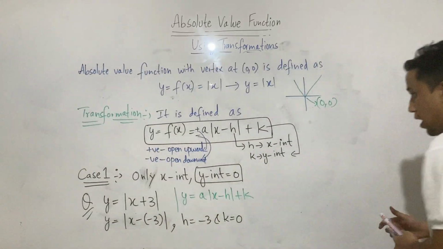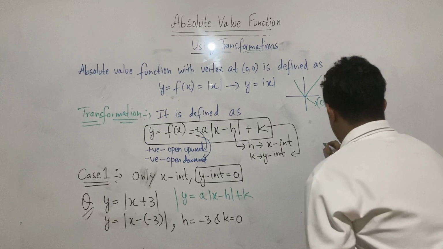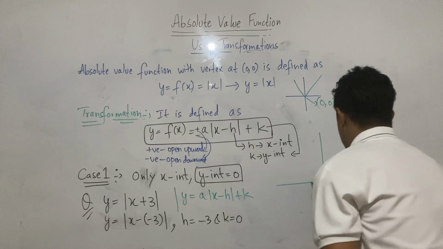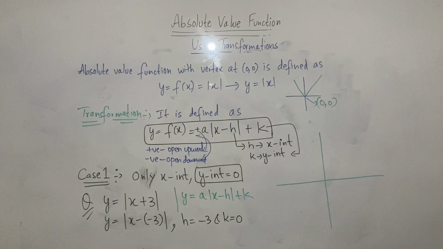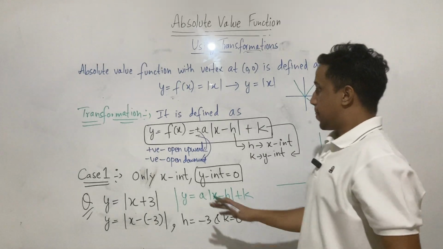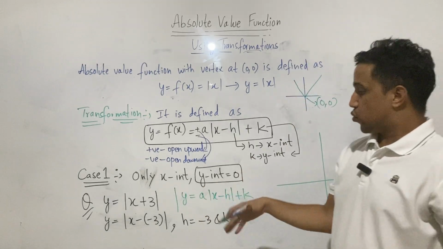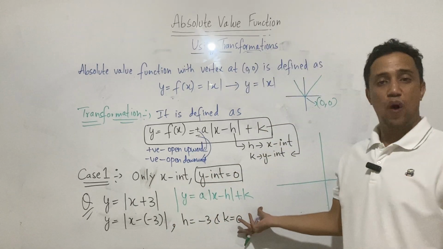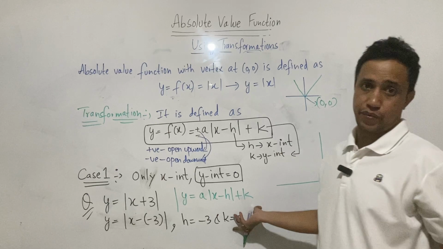Now let's draw the graph. Now you can see here I have x-intercept and I have y-intercept 0, right?